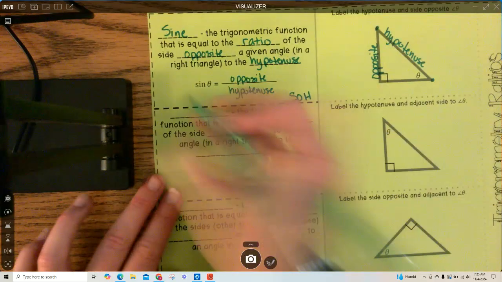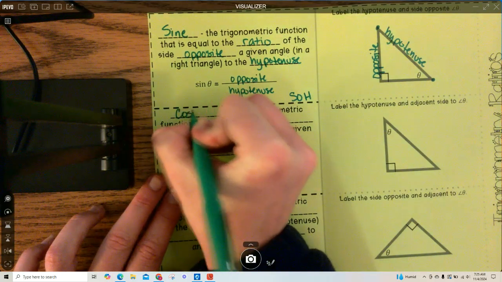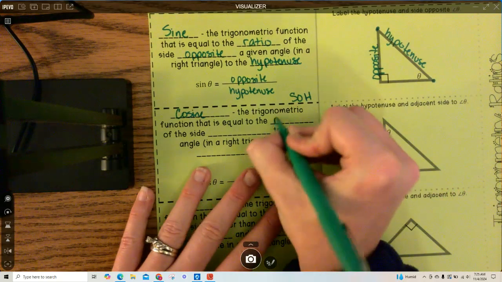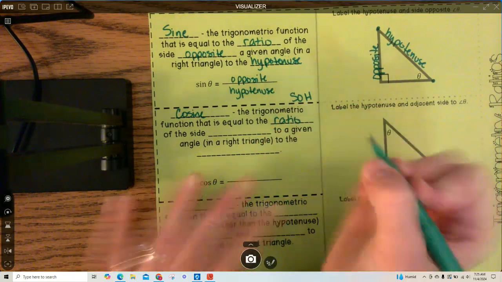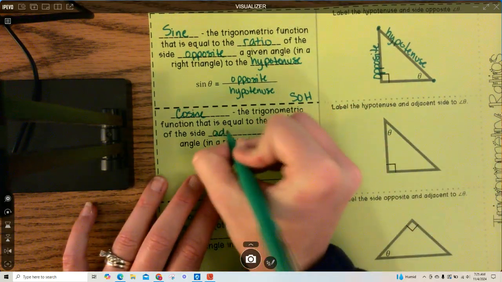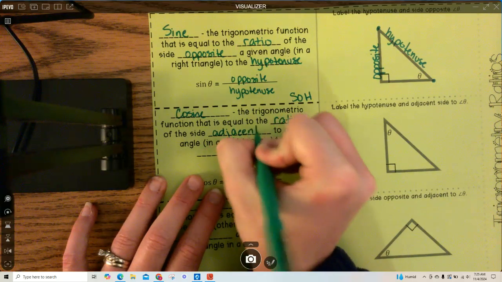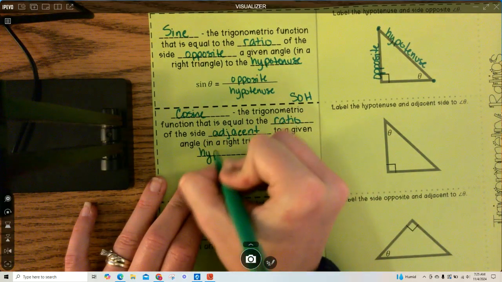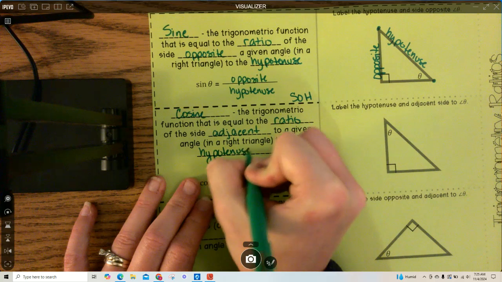Okay, so now cosine. Cosine is the trigonometric function that is equal to the ratio of the side adjacent to a given angle in a right triangle to the hypotenuse.